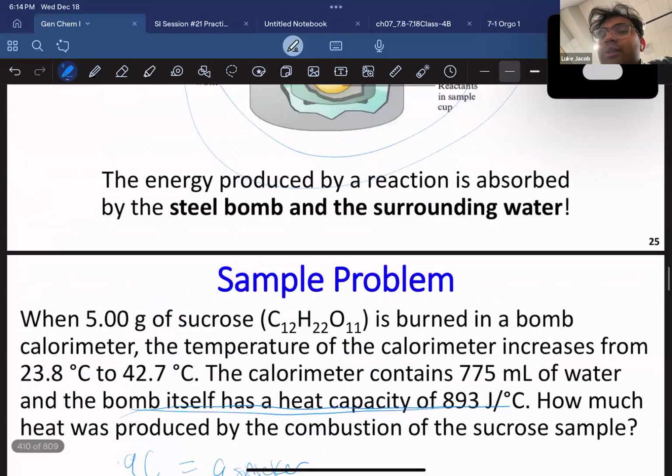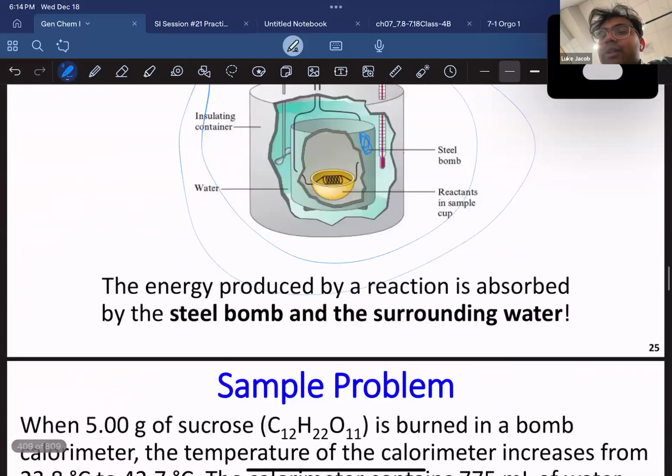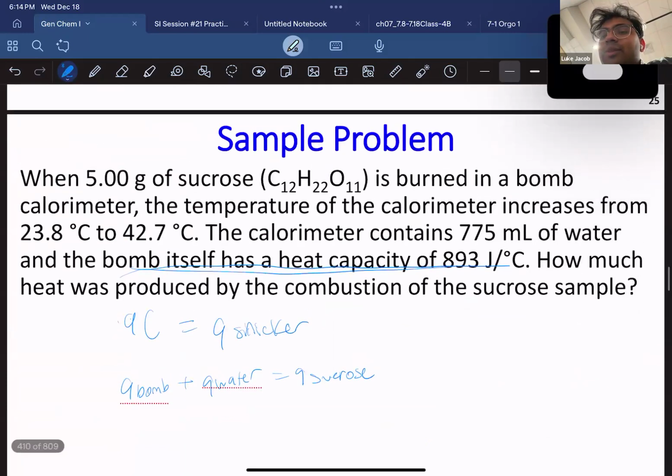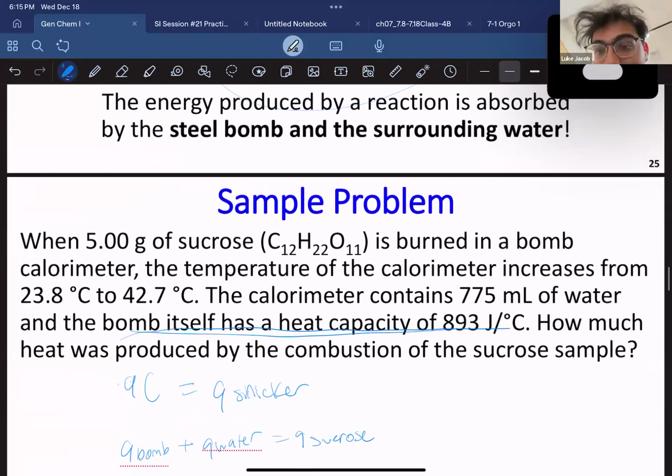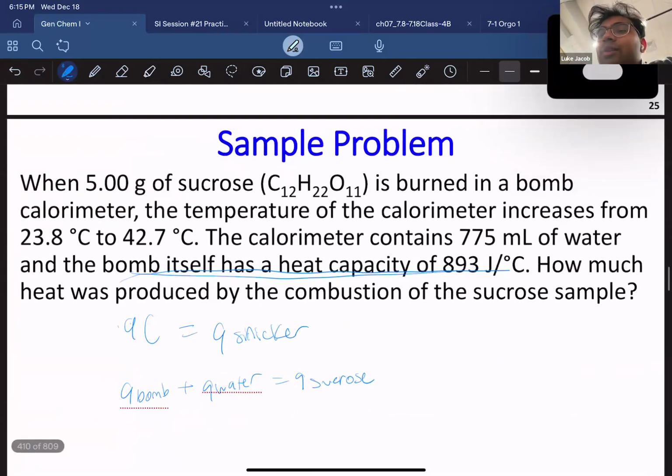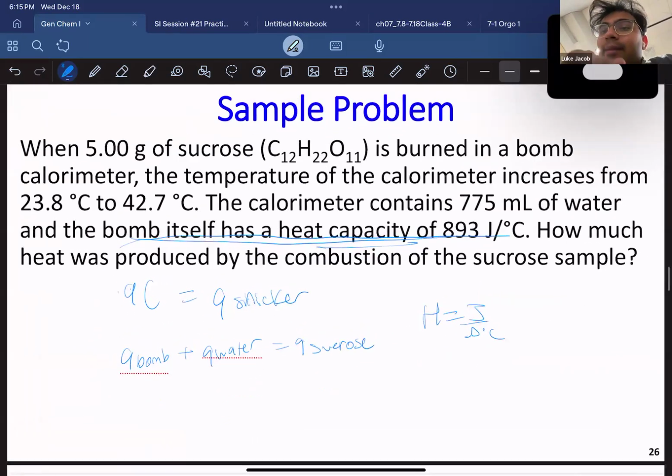Does everyone understand why that question was the way it was, as annoying as it may be? What's important to know is that heat capacity is equal to joules over delta T. We have to do the Q of water plus the Q of bomb to figure out the amount of energy released by sucrose.